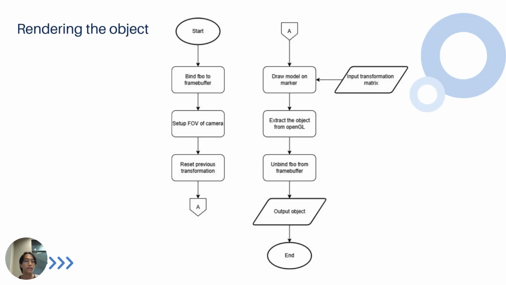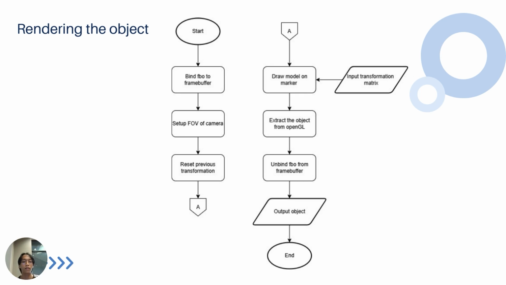And here is the flowchart of rendering the object. Firstly, the frame buffer object will be bound to the frame buffer, and then all the setup of the camera will be set up, like the FOV. Then the previously used transformation matrix will be reset.